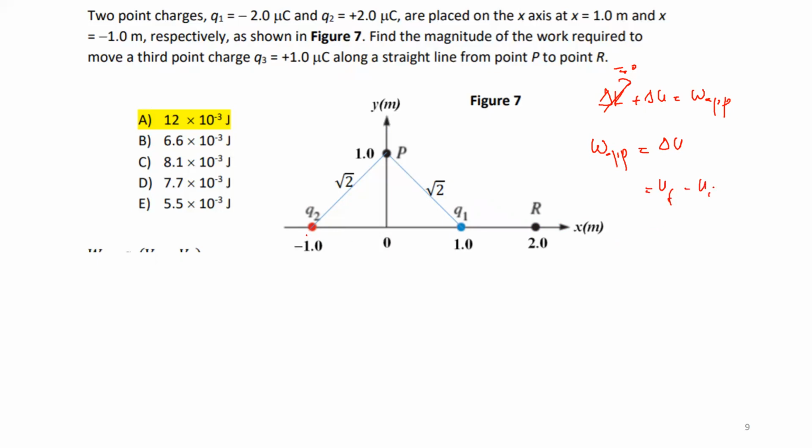U final is this configuration, Q1 here, and Q3 here. You count the number of pairs.